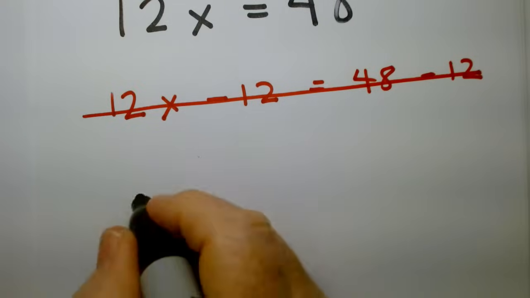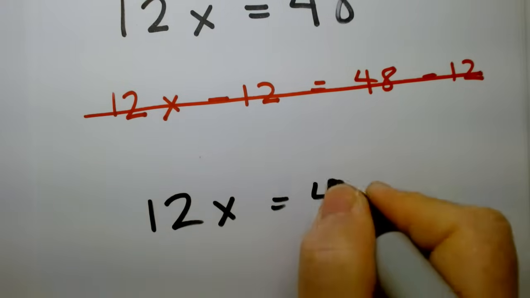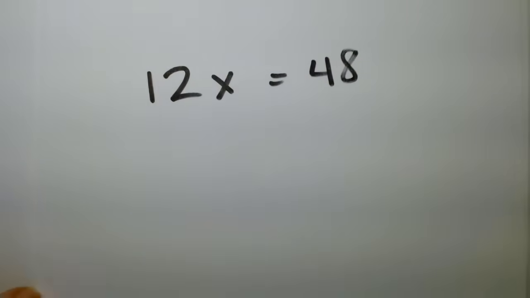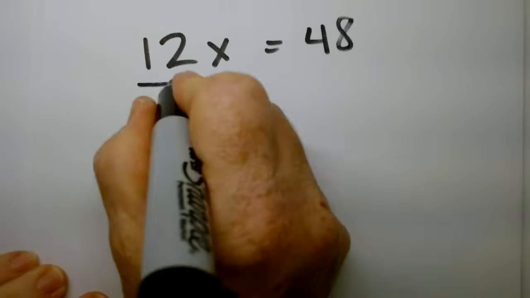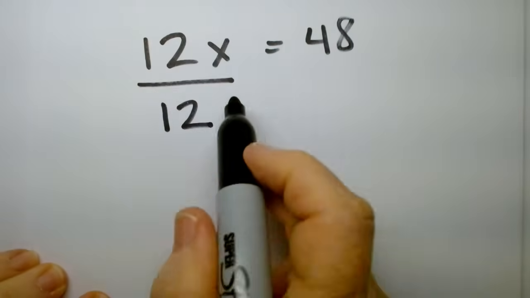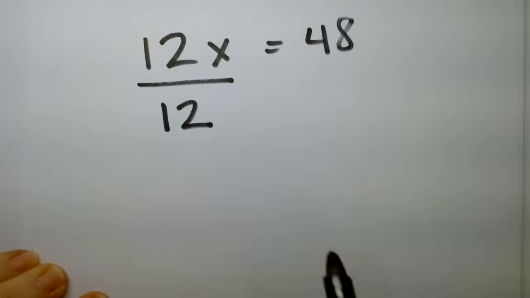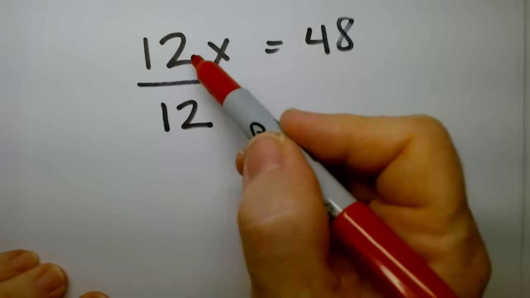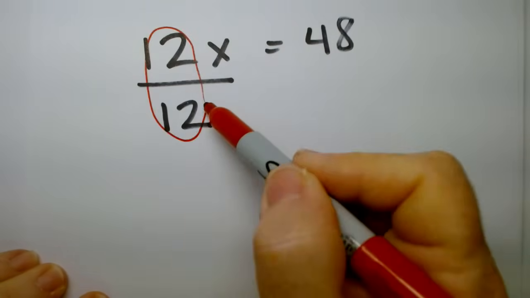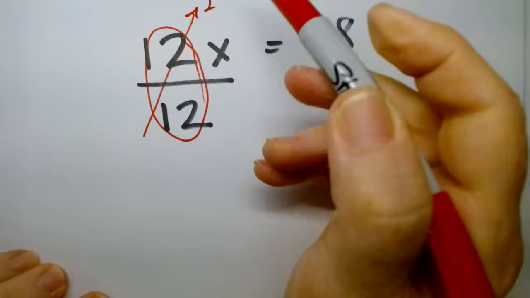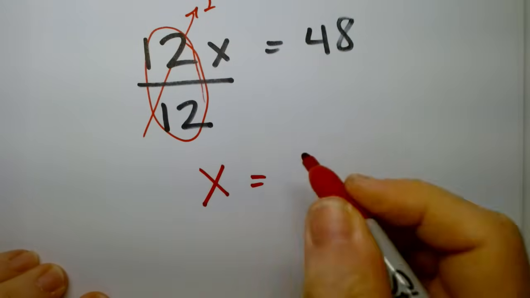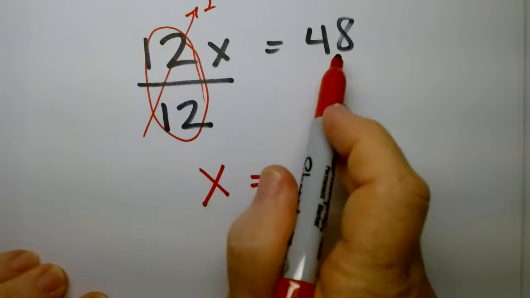So I'll rewrite the problem. 12x equals 48. All right, so I want x by itself. So if I divide by 12, what do I get over here? 12 over 12, the numerator and denominator are the same, so this goes to 1. So that becomes just x. But whatever I do to one side, I have to do to the other.